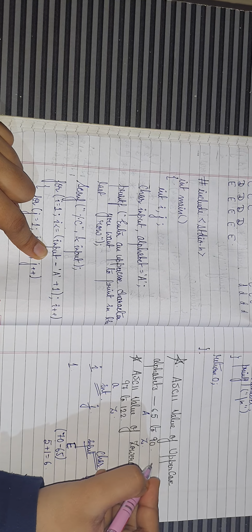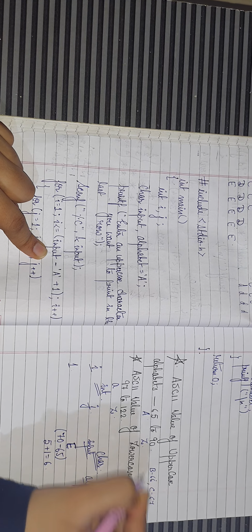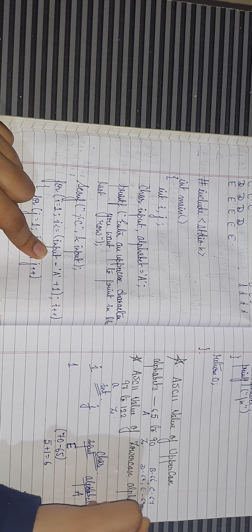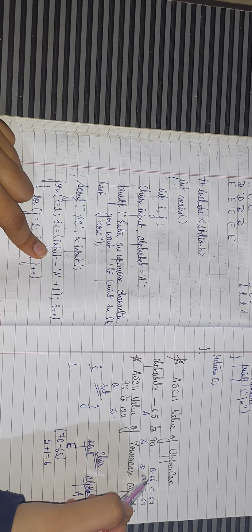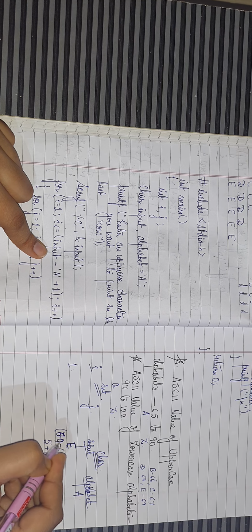A is 65, so B is 66, C is 67, D is 68, and E is 69. Sorry, here it will be 69.